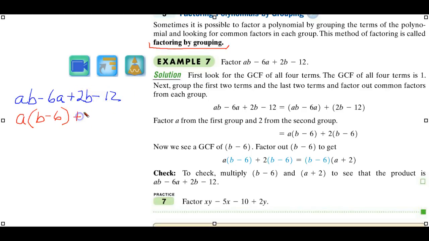Well, a plus 2. And now I get B minus 6. Taking out a 2 from each of these terms. And now I have common factors. So I can write this A, pick up this A, this 2.